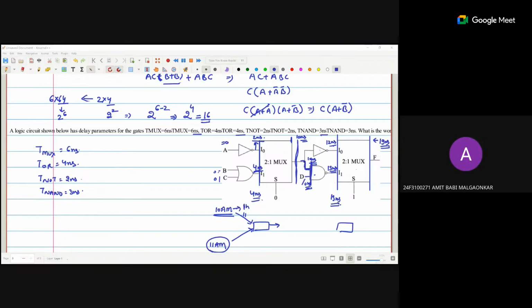Sir, one doubt here. Yeah. Sir, for the first mux, S is 0, so it will select I0, right? Yeah. So what should we consider? Exactly the same thing I am saying. This is the normal scenario. Okay. Now what is going to happen here is that select line.